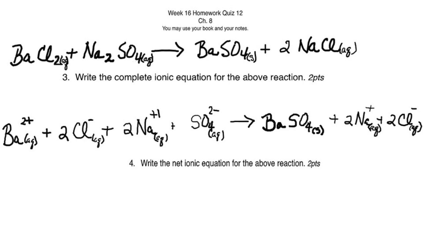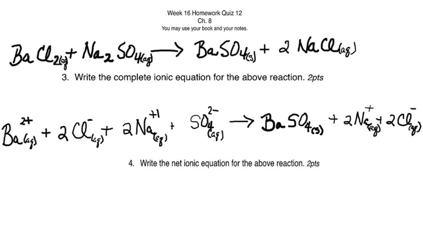Number 4 says write the net ionic equation for the above reaction. So for the net ionic equation, the only thing we're interested in are the ions that react and formed a precipitate. So that would be barium, let me get my pen, barium and sulfate form the barium sulfate.